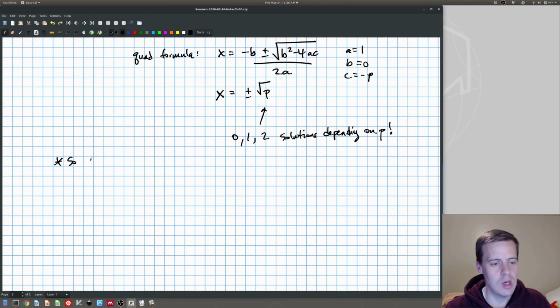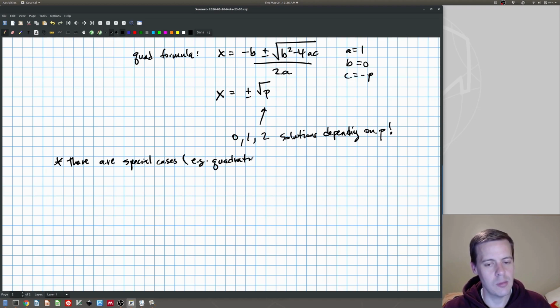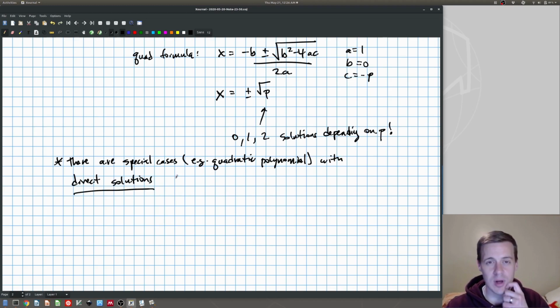There are special cases, for example quadratic polynomials, with direct solutions. And when I say direct solution, think back to how we had a direct method, the Gauss elimination formula, in the linear case. We had a procedure that we could always follow that would guarantee us an answer.